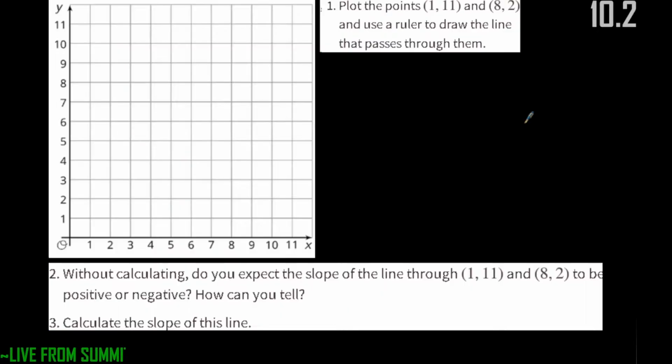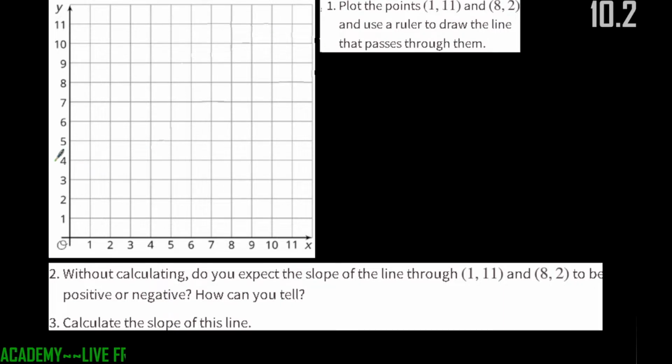If we are looking at the next one, for the next part, it says plot the points (1, 11) and (8, 2), and then use a ruler or a straight edge, that protractor that you have, to draw a line that goes through those points. So let me plot those points. Let me actually do green again.